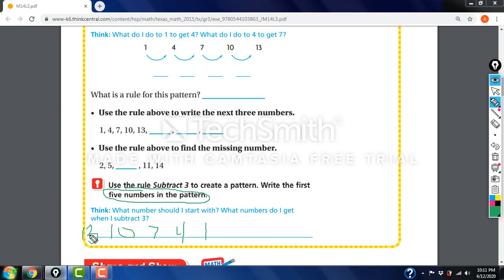I started with 13, subtracted 3, I got 10, subtracted 3, I got 7, subtracted 3, I got 4, subtract 3, I get 1. Just make sure that when you start with a number, you have enough to complete what they're asking. Okay, very good.